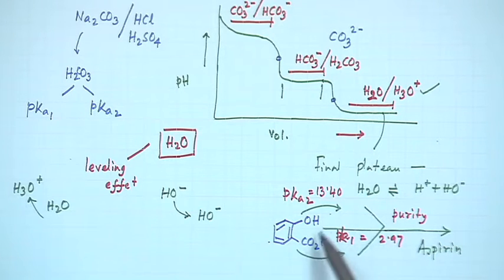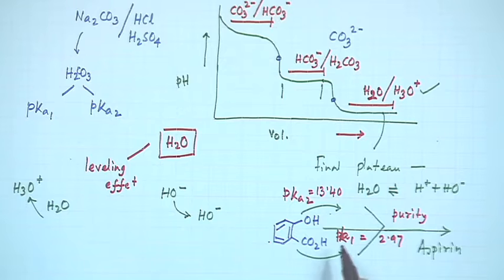So, since this carboxylic acid part gives rise to a pK value of 2.97, we can monitor this particular group's consumption with your sodium hydroxide or potassium hydroxide solution. So, we will titrate this carboxylic acid function only.